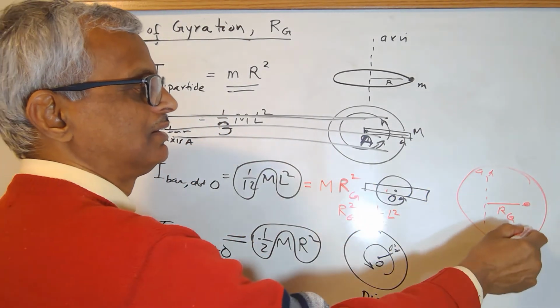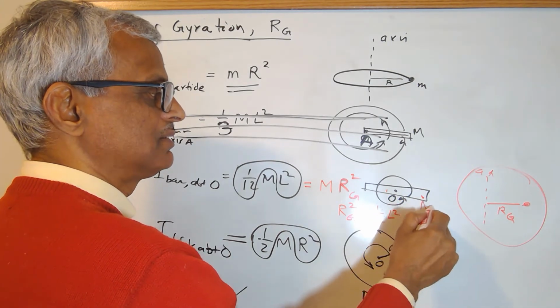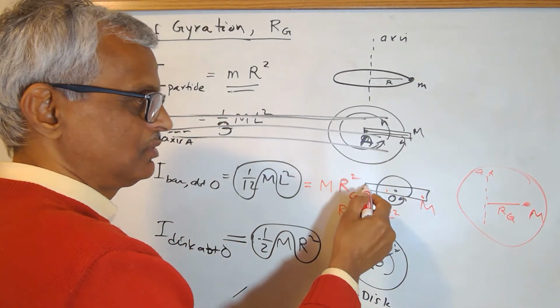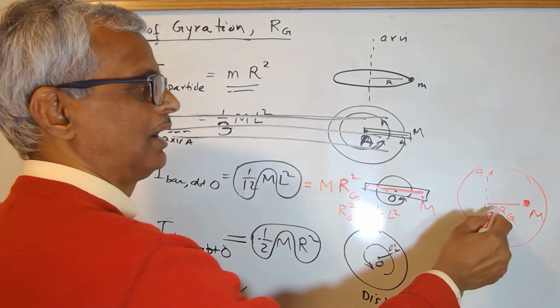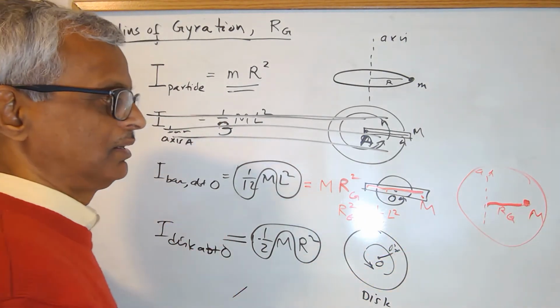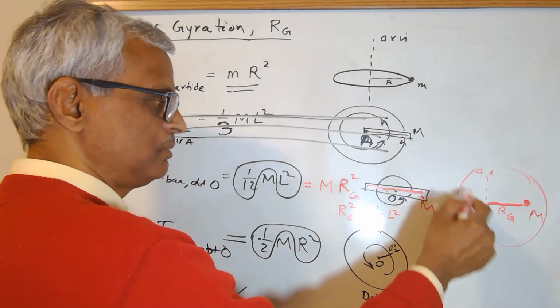I take the same mass, but instead of distributing it over the bar, I put it at one point. How far away from the axis do I have to put it so that its moment of inertia is equal to that?